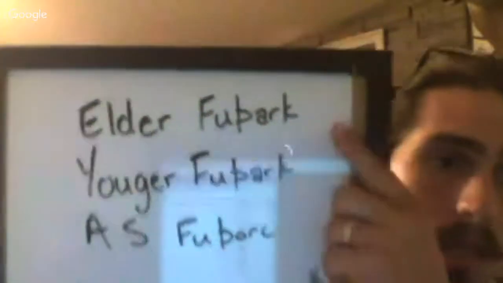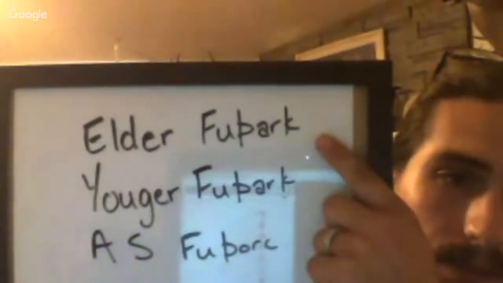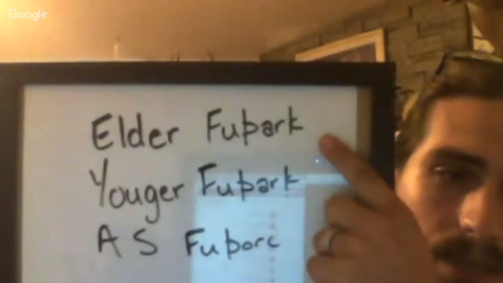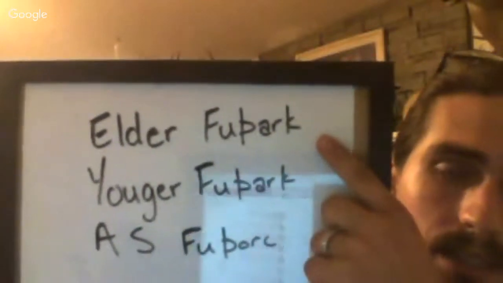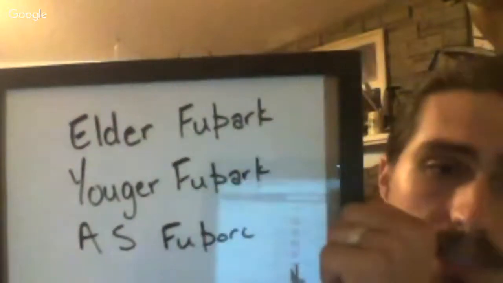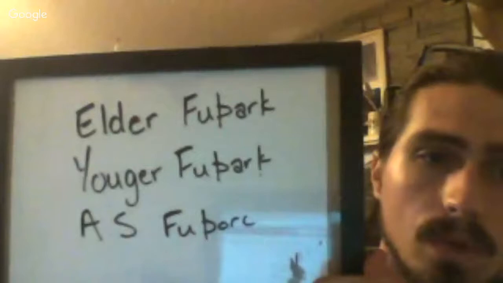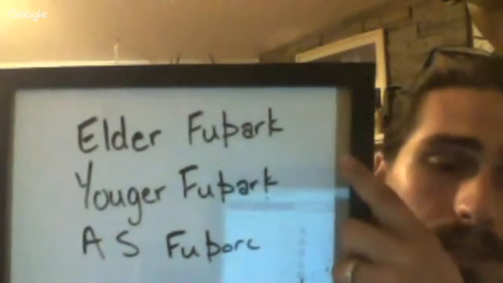The Elder Futhark is what a lot of people have seen, especially if you look at, for instance, rune sets that are sold in metaphysical shops, or they're really popular on the internet.